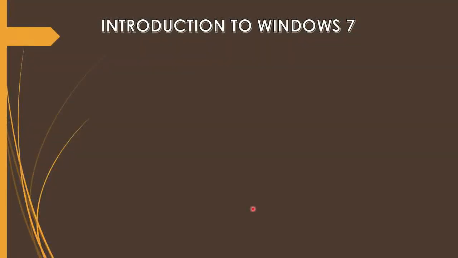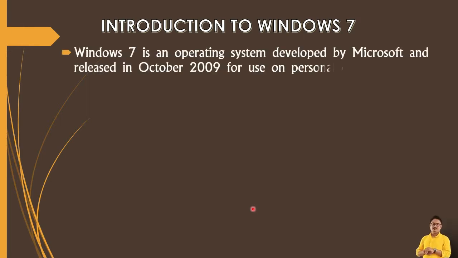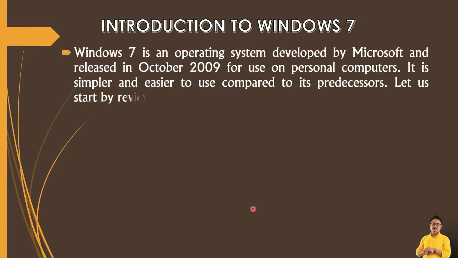Now, as I said, Windows is a popular operating system used by the users. So Windows 7 is an operating system developed by whom? By Microsoft and released in October 2009 for use on personal computers only. It is simpler and easier to use compared to its predecessors.